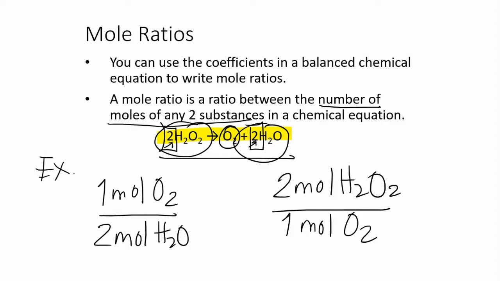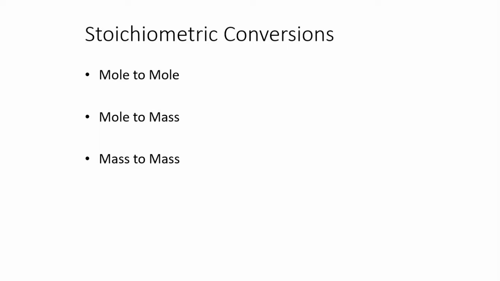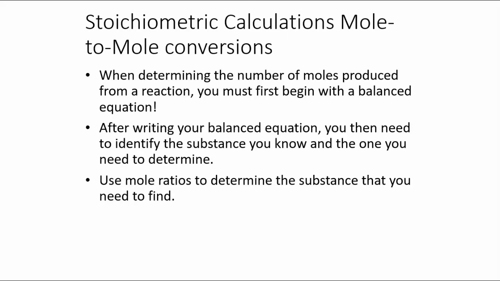So in the stoichiometric calculations of mole to mole conversions, we have to first determine the number of moles produced from your reaction, and we have to make sure that we have a balanced equation.